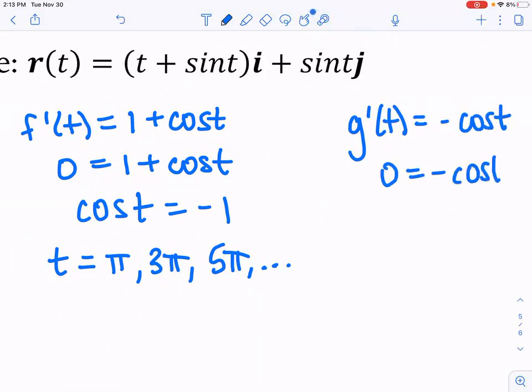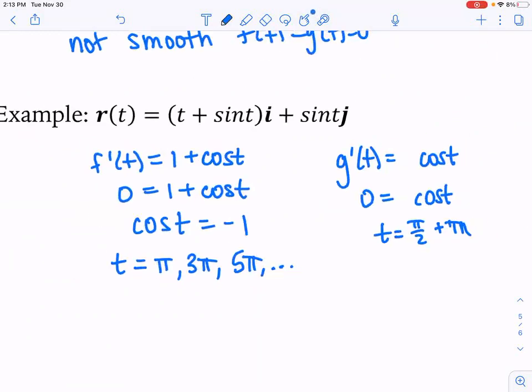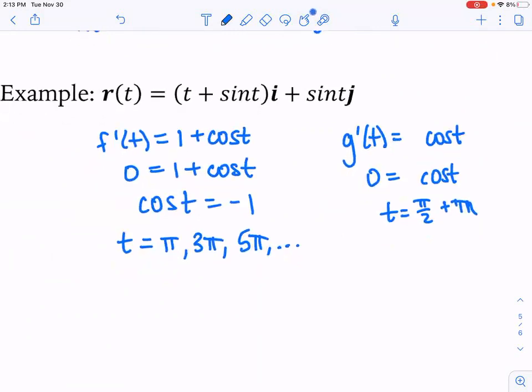Well, how about just positive cosine of t? Okay, that's fine. Where is this equal to 0? All right, so is there anywhere where this is not smooth?